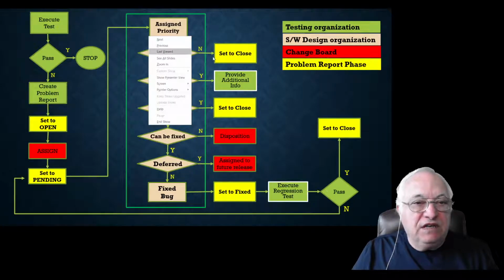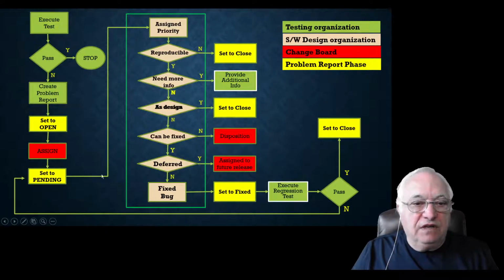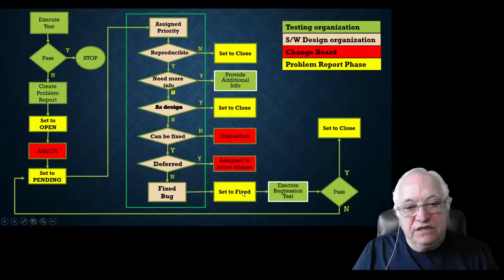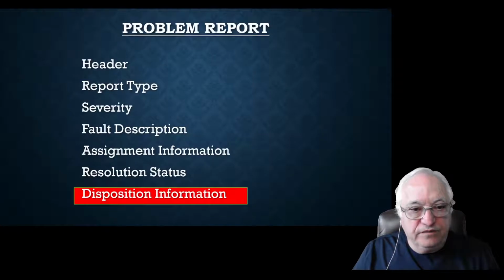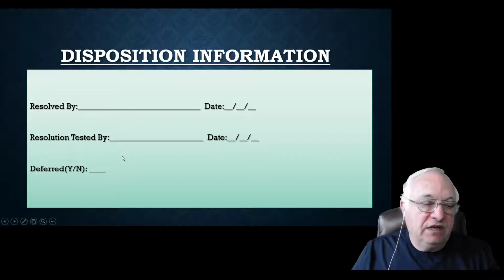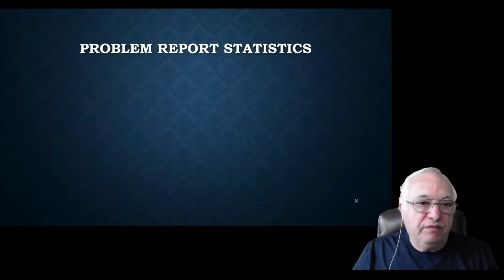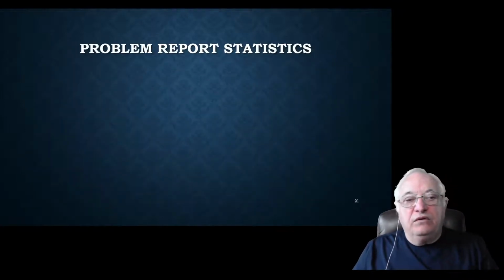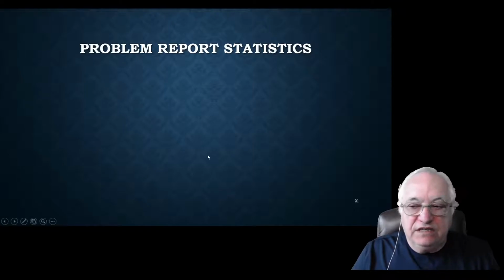Once it gets here, the only ones authorized to fix would be the design organization, and to close at this stage, that would be the testing organization. So anyhow, this is the disposition information, and now let's talk about problem report statistics.